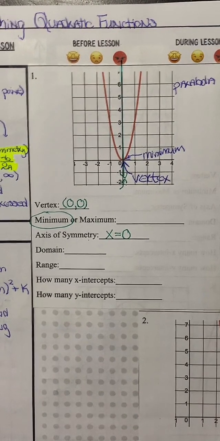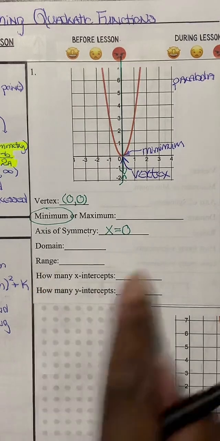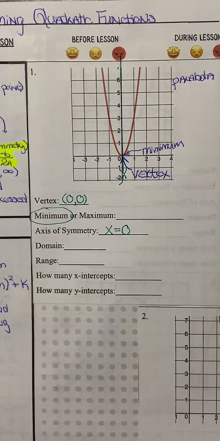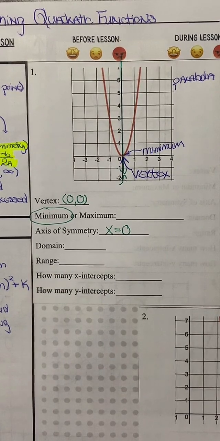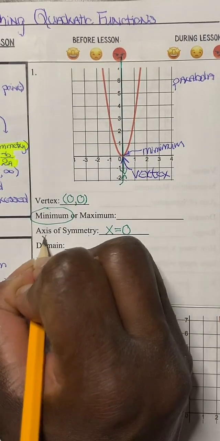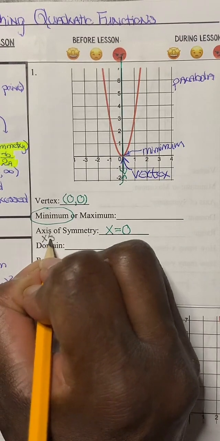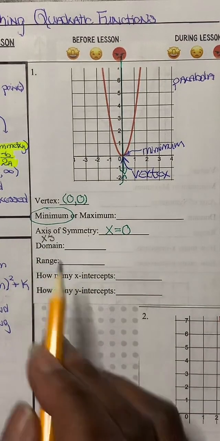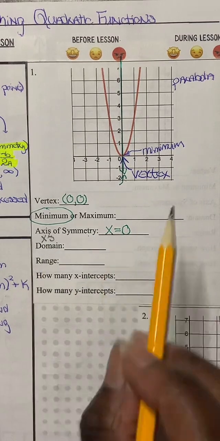All right. So now, here's a secret. Are you ready? Domain. And I think we talked about domains before. Domains are the list of your x's. Okay? So it's the list of your x's.